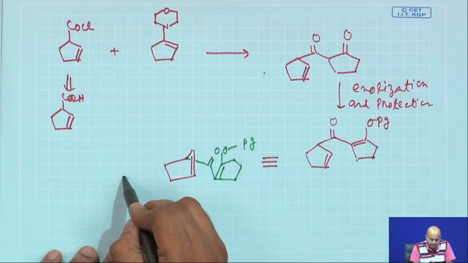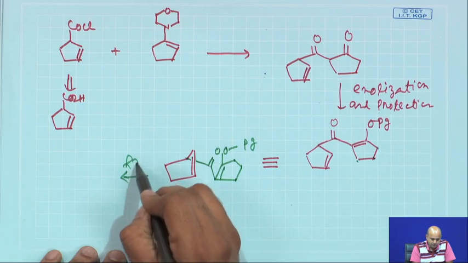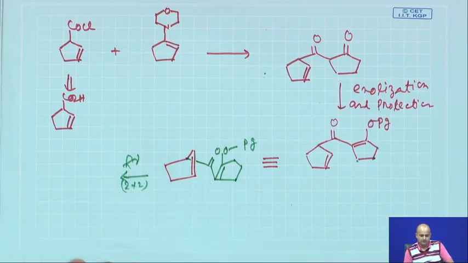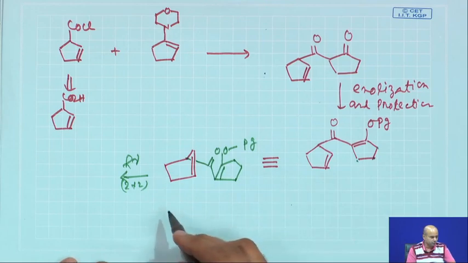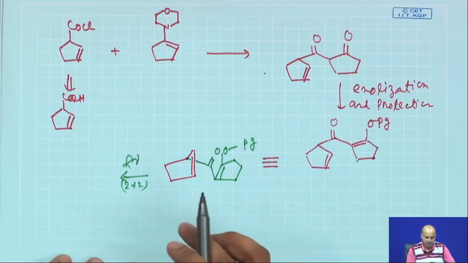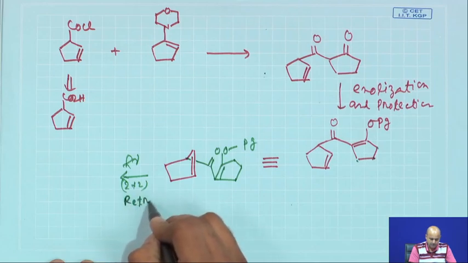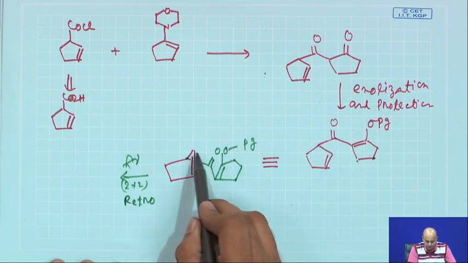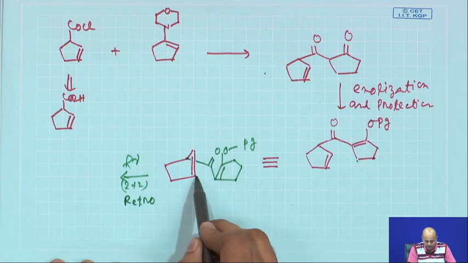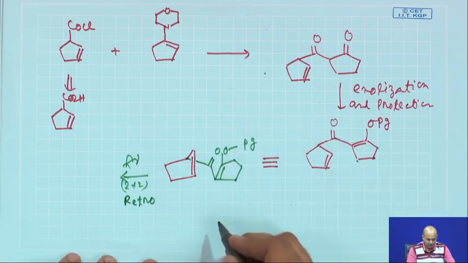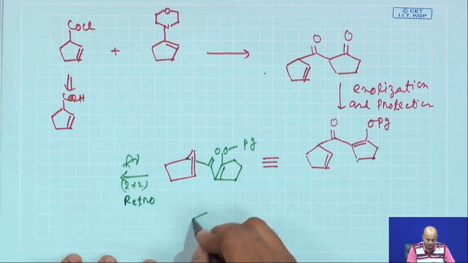Now, you do a hν 2+2 photocycloaddition. Once you do this 2+2 photocycloaddition followed by the retro-aldol cleavage, first you will be making this particular bond, this and this, then retro cleavage will give you the intermediate, for which you already discussed the pathway.